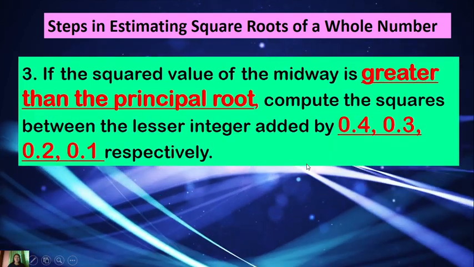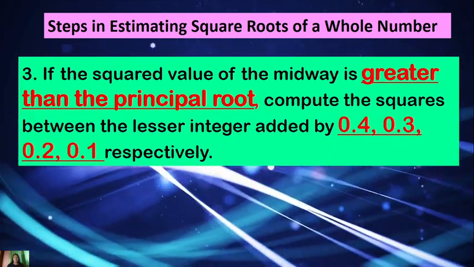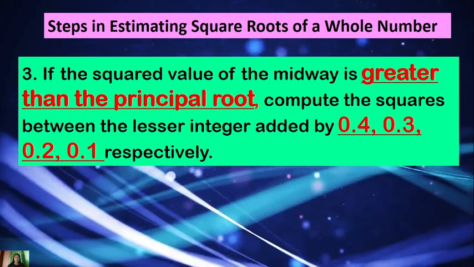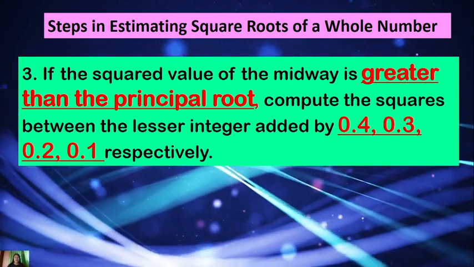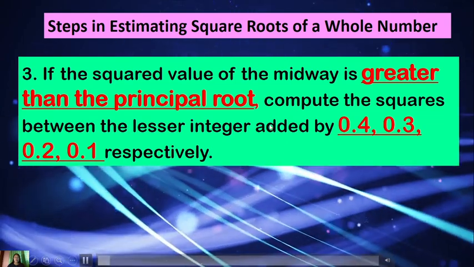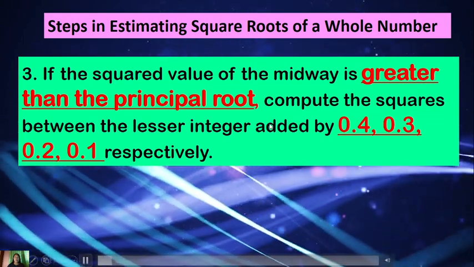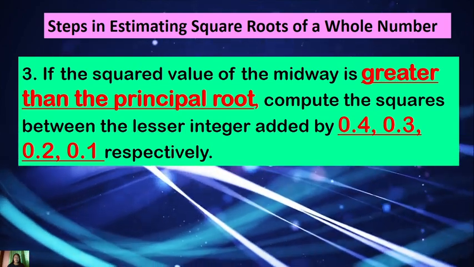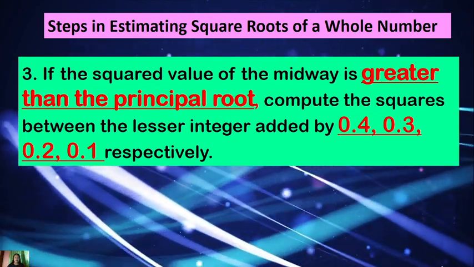And for step number 3, the squared value. If the squared value of the midway is greater than the principal root, compute the squares between the lesser integer added by, so what is the lesser integer? We have 4, right?